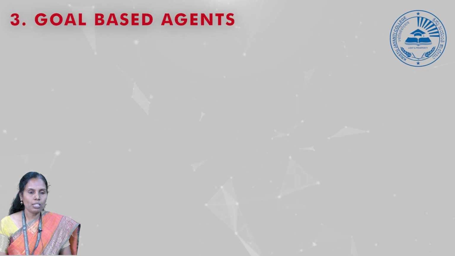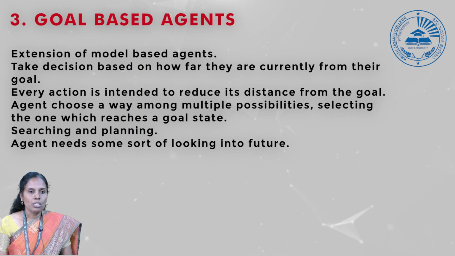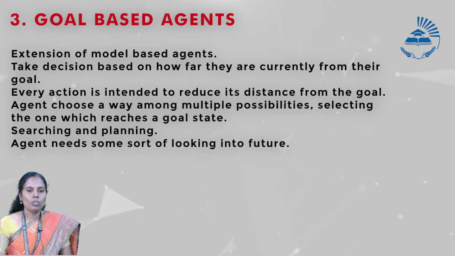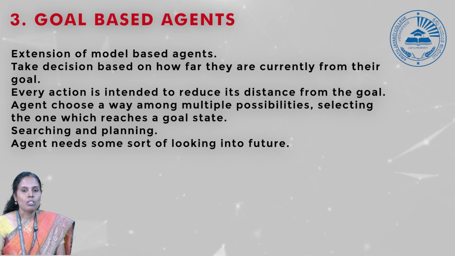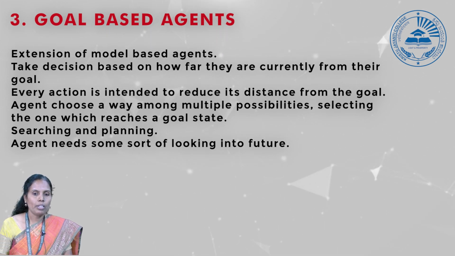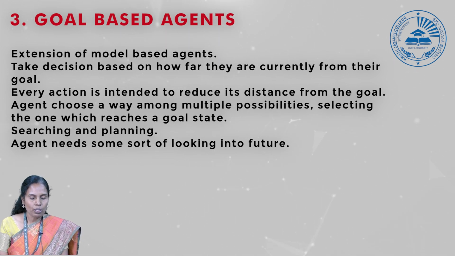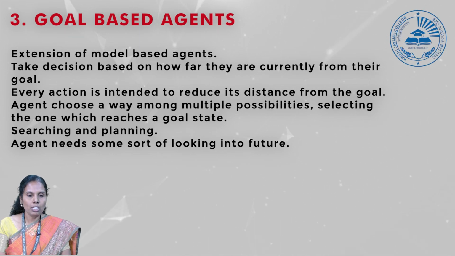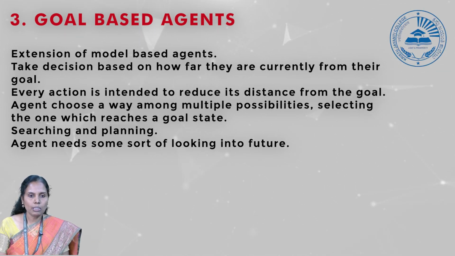Then the next one is the goal based agent. This is an extension of the model based agent. Here it is based upon the goal only. So what is the goal? Accordingly it will work. For example, if you want to travel from Bangalore to another place, say Chennai, we need to find out the routes.